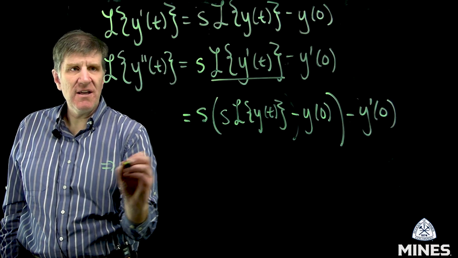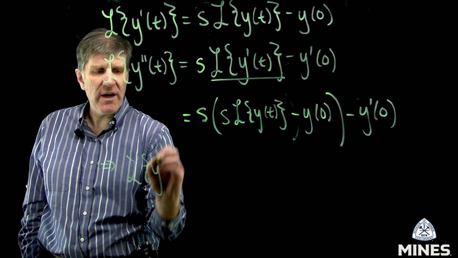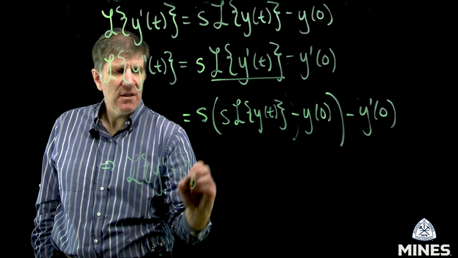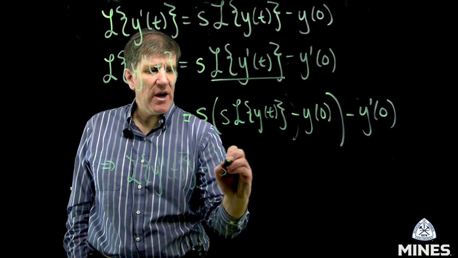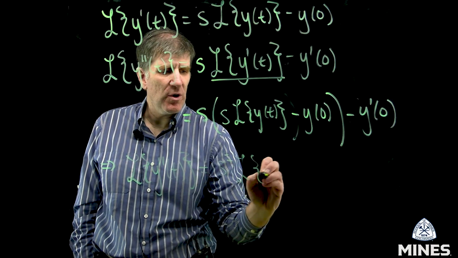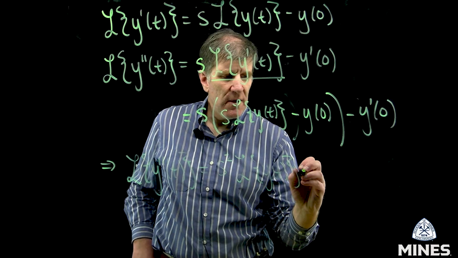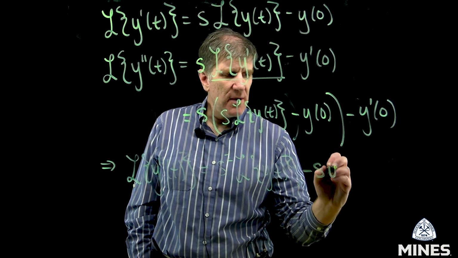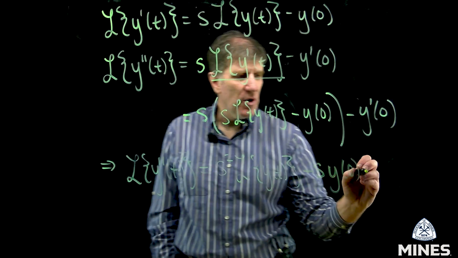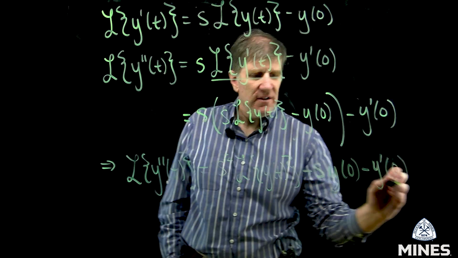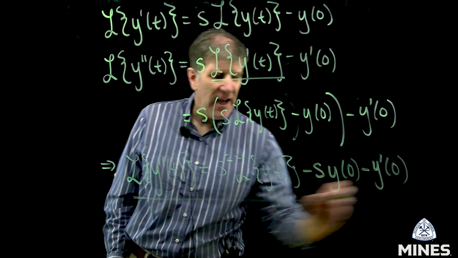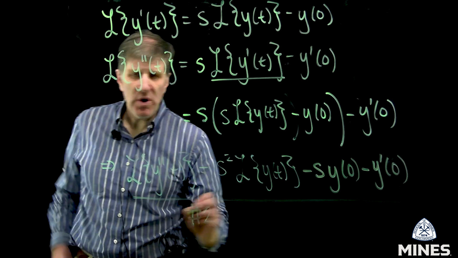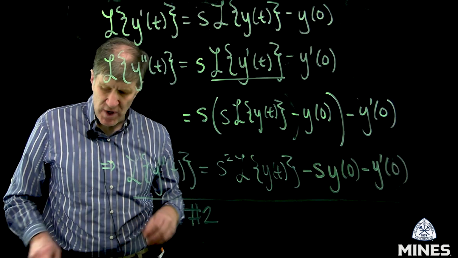What that gets is the Laplace transform of y double prime of t is s squared times the Laplace transform of y of t minus s times y evaluated at 0 minus y prime evaluated at 0. That is item number 2 on the table of our Laplace transforms.